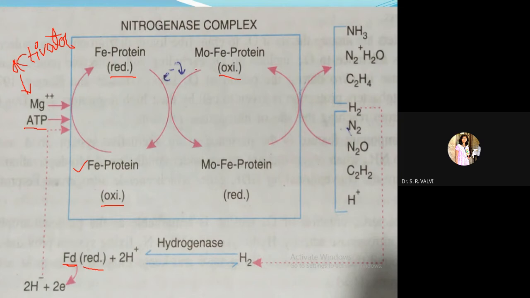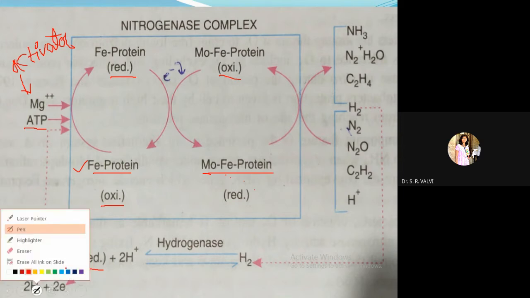When it takes the electron, it is immediately converted into its reduced form. And when the reduced form of molybdoferroprotein occurs, at the same time we get the oxidized form of Fe protein. Simultaneously these two forms are getting formed.